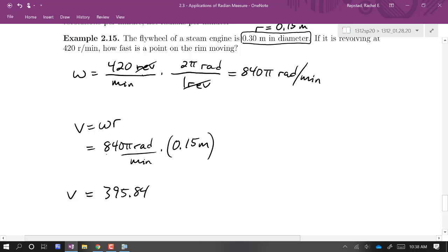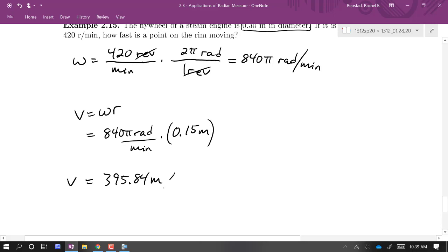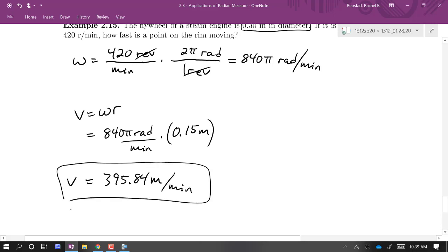What would be the units here? Meters per minute. There we are. Look, one minute to spare. I love it when a plan comes together.